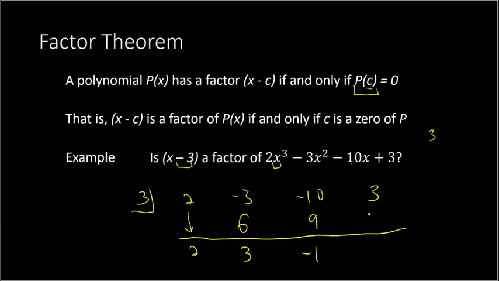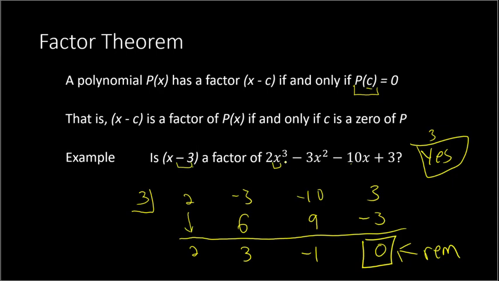Multiply and add again. 3 times negative 1 is negative 3. Add that with 3, that gives you 0. So this number here, that is your remainder. So because the remainder is 0, what that means is that yes, x minus 3 is a factor of the polynomial 2x cubed minus 3x squared minus 10x plus 3.